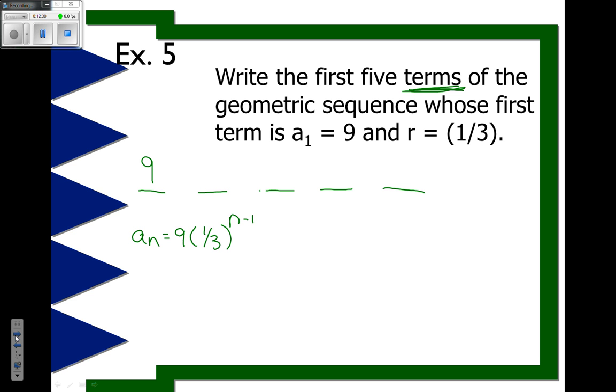If I'm looking for this one, what would I plug in for n? 3. We good? So what goes in this blank? I just showed you those for visual.